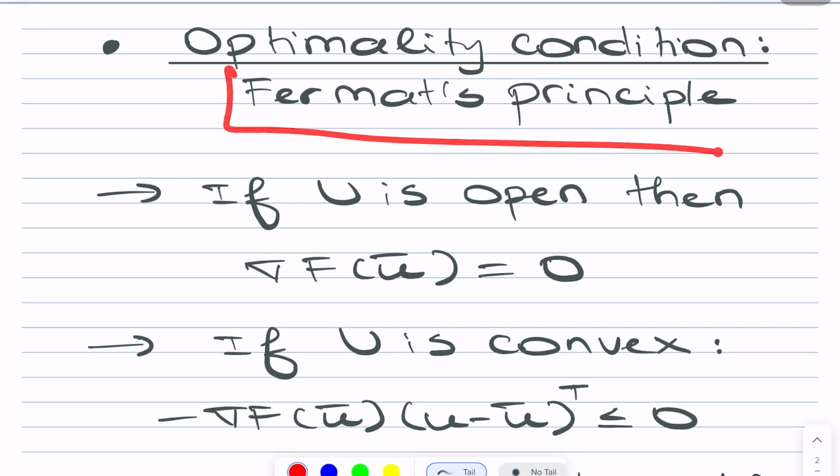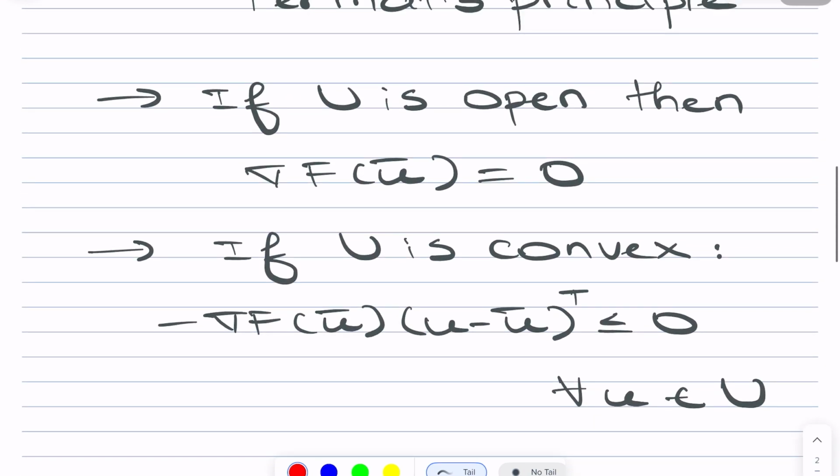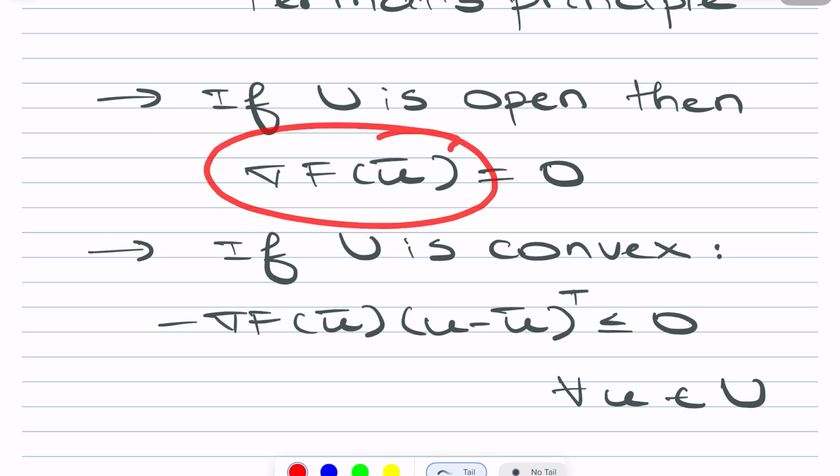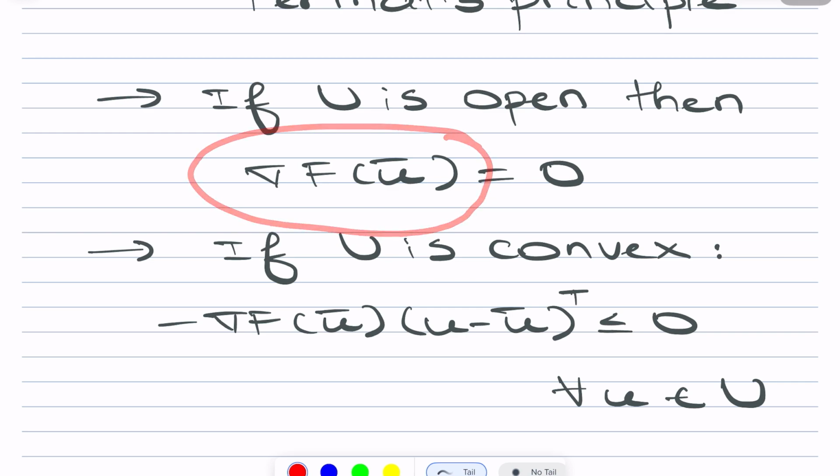But X is actually infinite dimensional. So we need to transfer this notion of the gradient here to the infinite dimensional space, because this doesn't have any meaning in the infinite dimensional setting. So you need to transfer what we mean by derivative in infinite dimensional spaces.